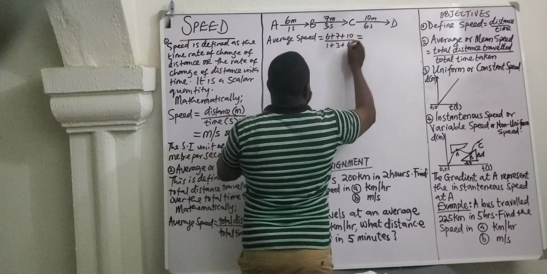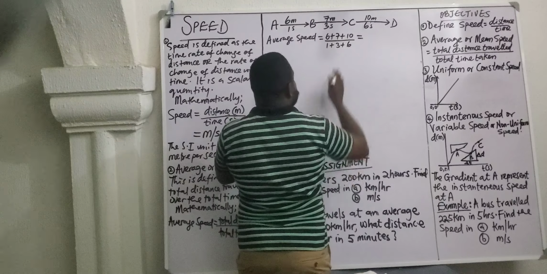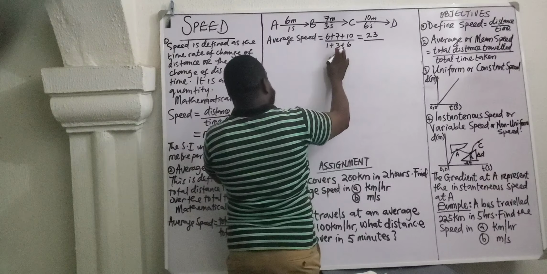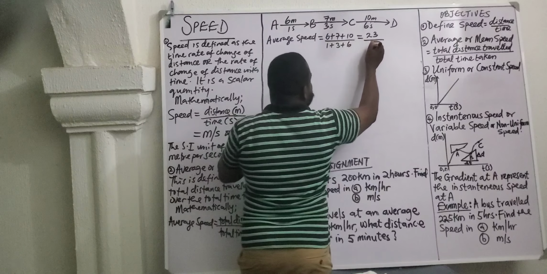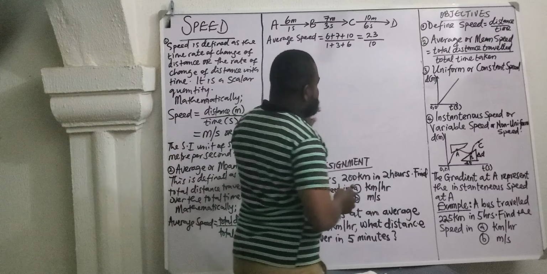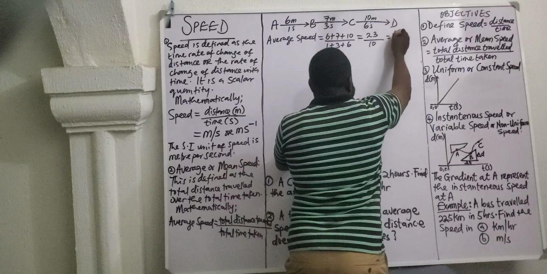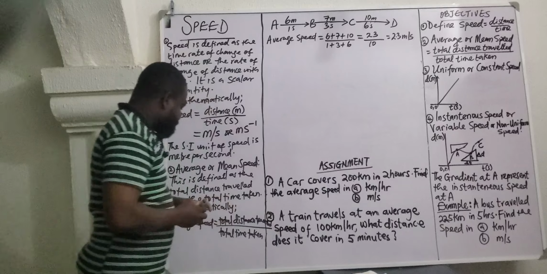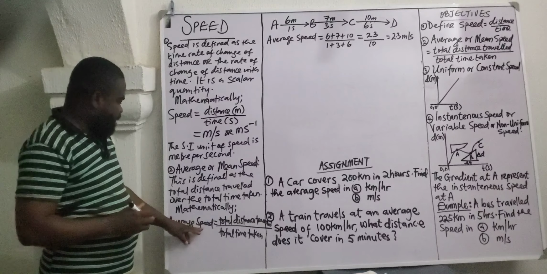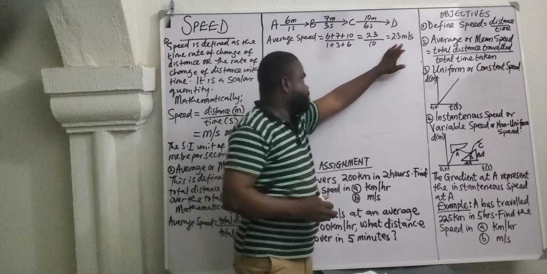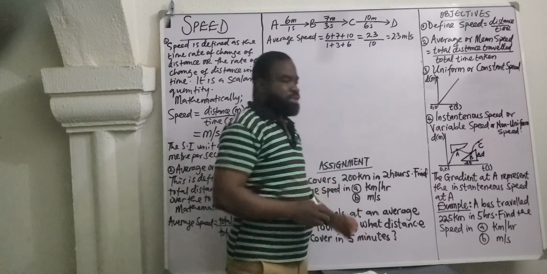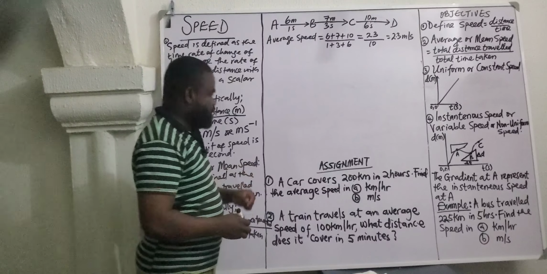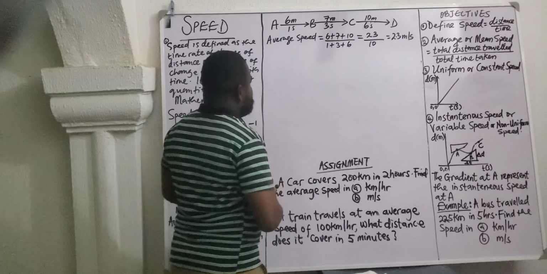If we add together, 6 plus 7 is 13, plus 10 is 23, divided by 1 plus 3 is 4, plus 6 is 10. So 23 divided by 10 will give us 2.3 meters per second. You see that the unit of average speed is also meter per second. All the speeds have the same unit, which is meter per second. That is the SI unit, of course.